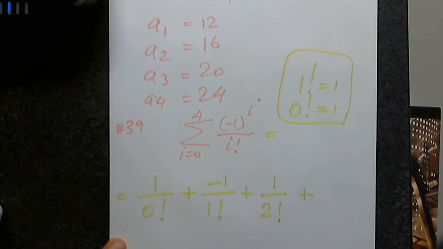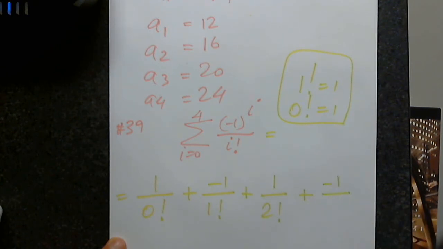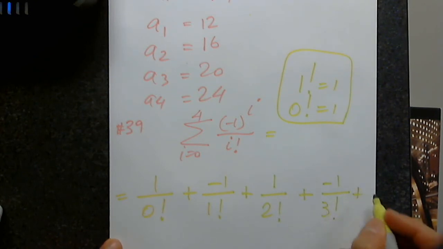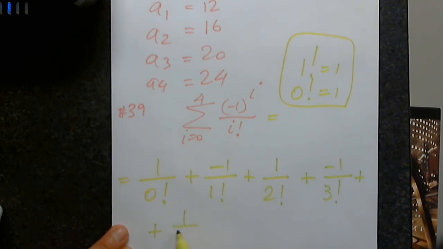When i is 3, negative 1 over, very good. And the last one, plus, when i is 4, 1 over 4 factorial. Very good. Any questions before we start calculating here?